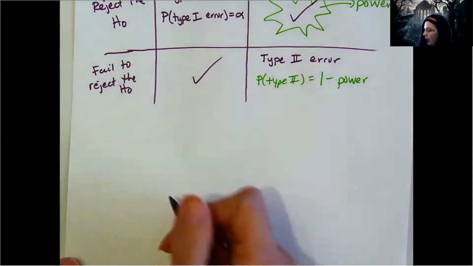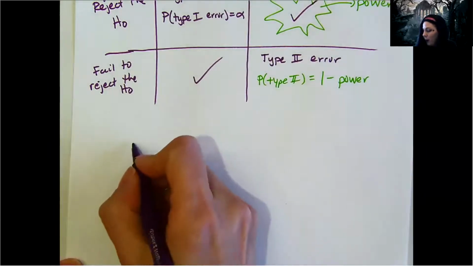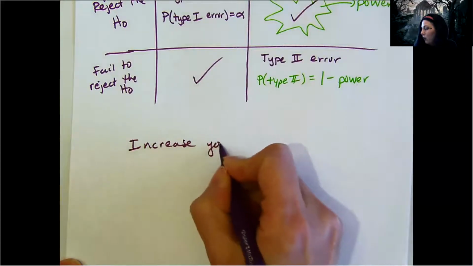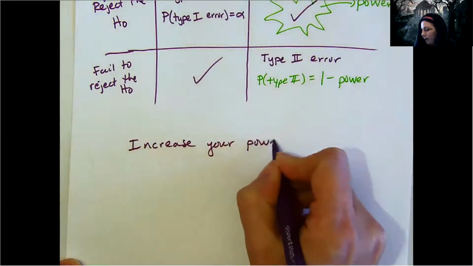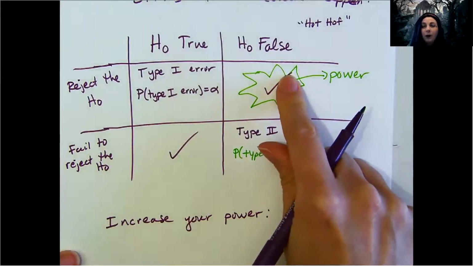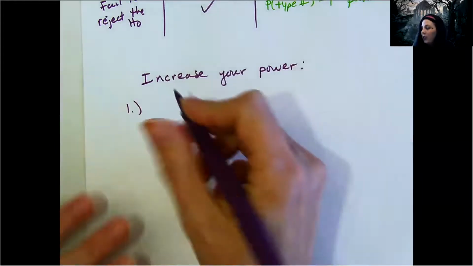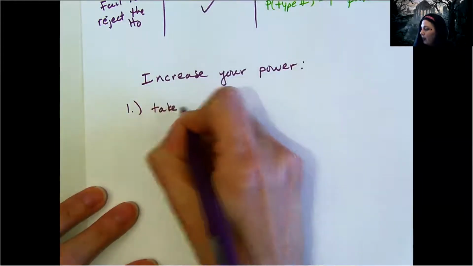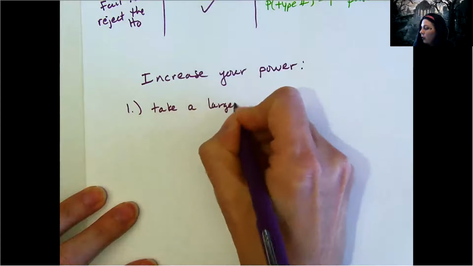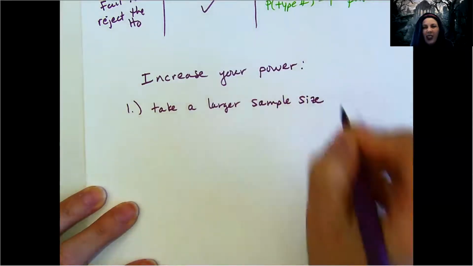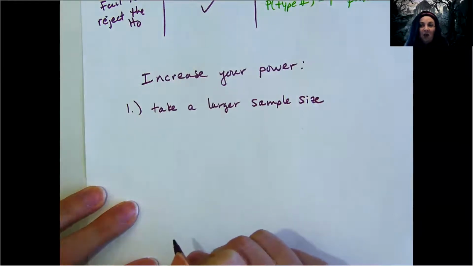Final thoughts. There are ways to increase the power. All right, there's two ways to make sure you got a powerful test. One way is to take a larger sample size. That's usually the easiest, most cost-efficient, right?